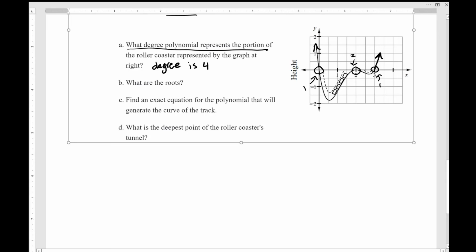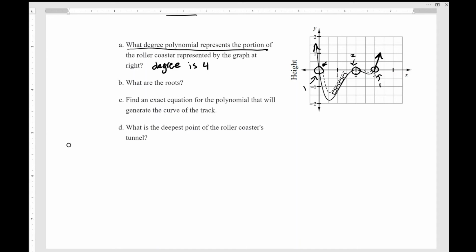What are the roots? The roots will also help us. Notice we have a root at x equals 0, x equals 2, and x equals 3. So our roots will be 0, 2, with a double root there, and 3.